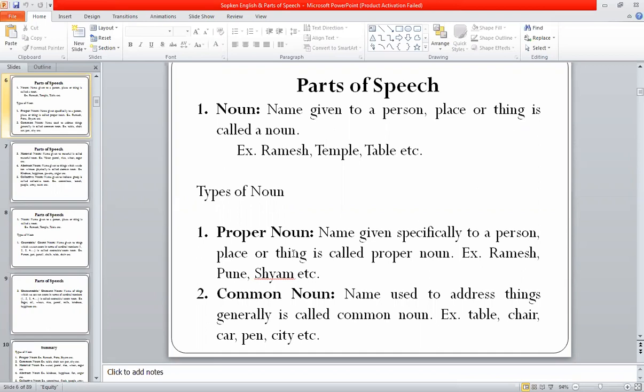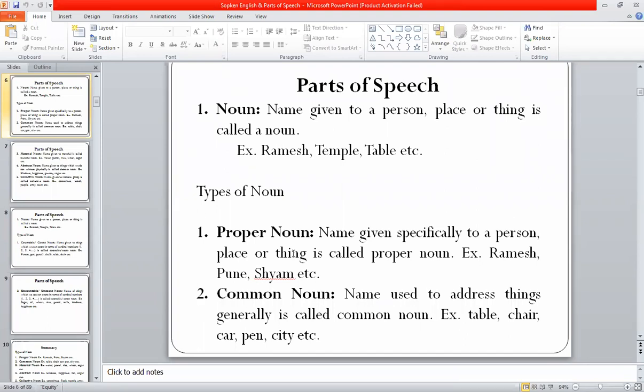Eiffel Tower, Red Fort, Gateway of India, India Gate. These are called proper nouns.